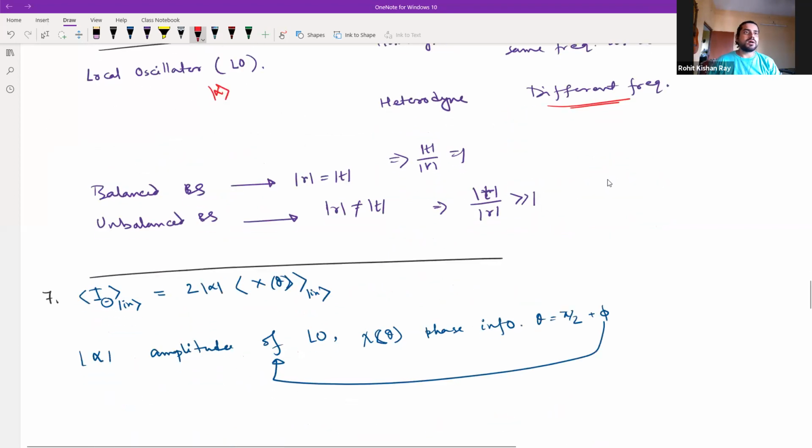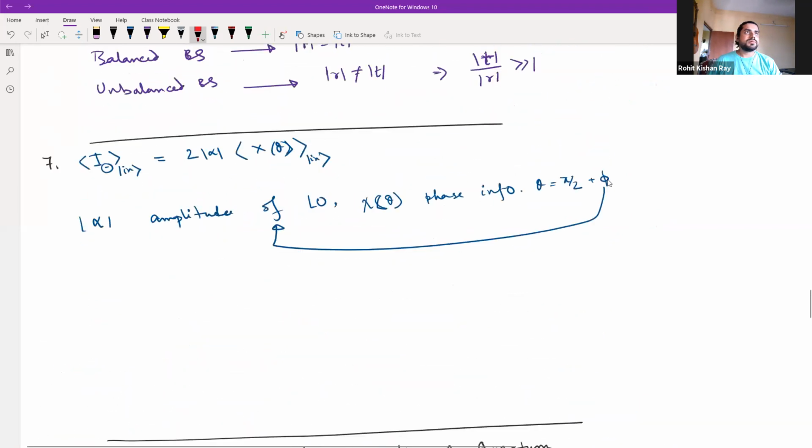So we are arriving at, yeah, 7 is basically an extension of 5. So in 7, the question is: prove that the balanced homodyne detector gives an output proportional to the signal field quadrature that is in phase with the local oscillator.